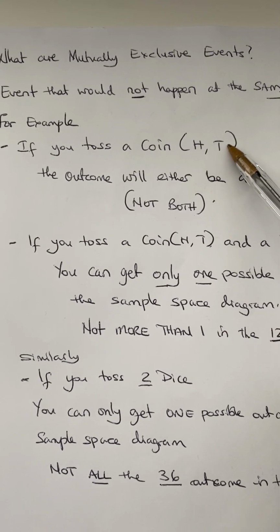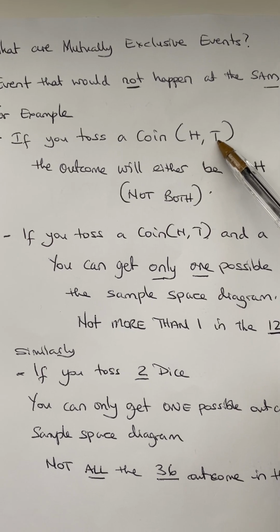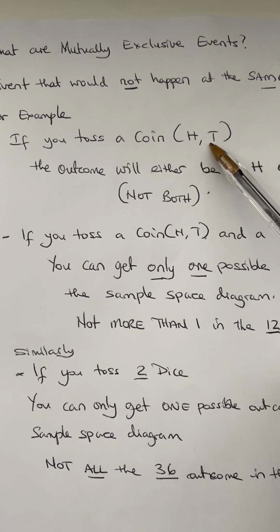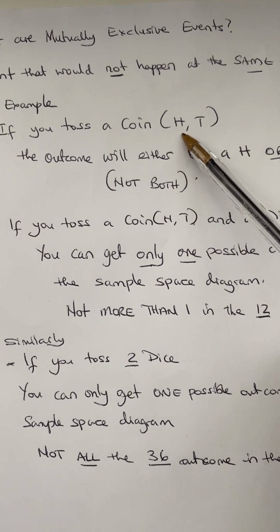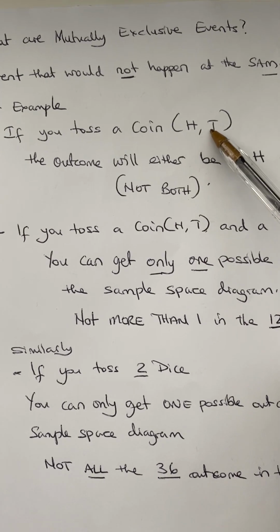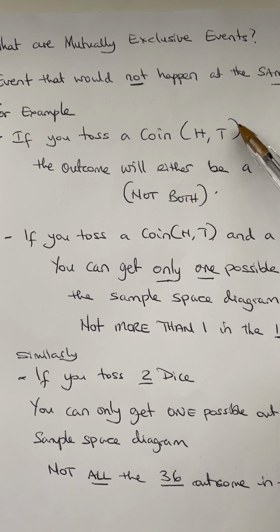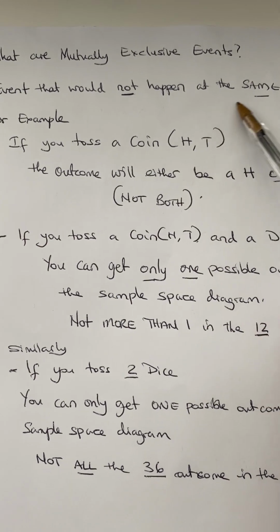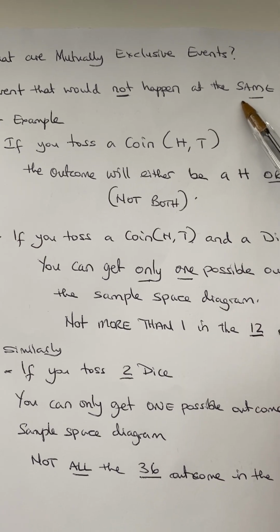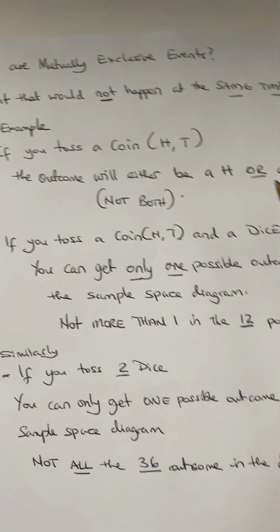You can't get both happening at the same time. You've seen it in the football match. When they start, they toss a coin. You don't get two outcomes at the same time. That is a mutually exclusive event. So you either get a head or a tail, not both.